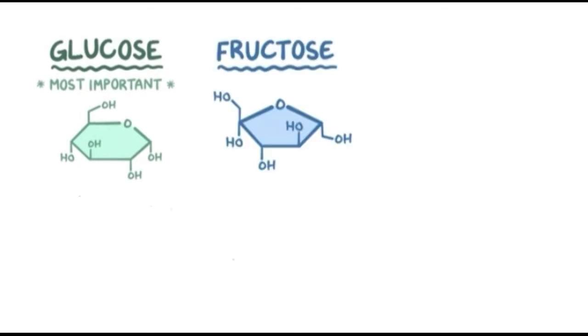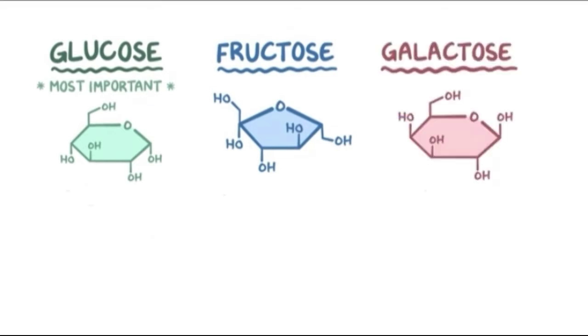Then another monosaccharide is fructose. We mostly find fructose in plants and their fruits. There is also fructose in flowers and some roots of vegetables. And the last molecular structure under the monosaccharides is galactose.